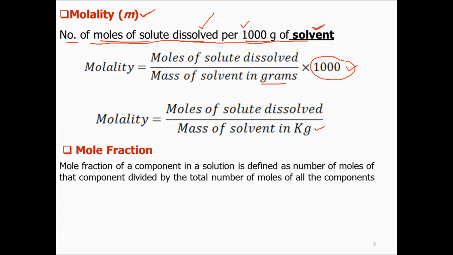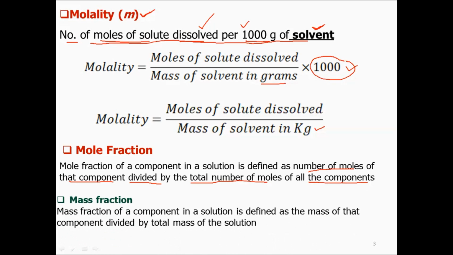Next is mole fraction. Mole fraction is defined as the number of moles of the component whose mole fraction we have to calculate, divided by the total number of moles of all the components. Similar to mole fraction, we have mass fraction, which is given by the mass of the component whose mass fraction we have to calculate, divided by the total mass of the solution.